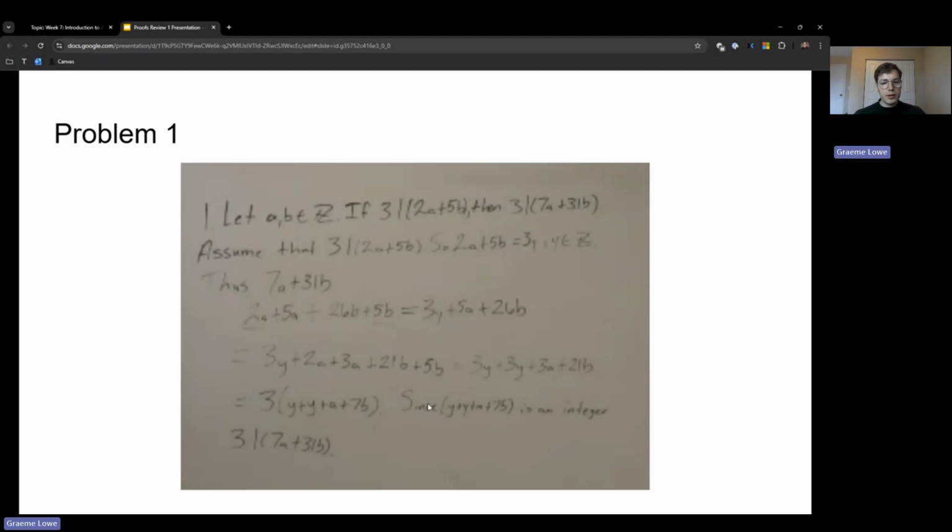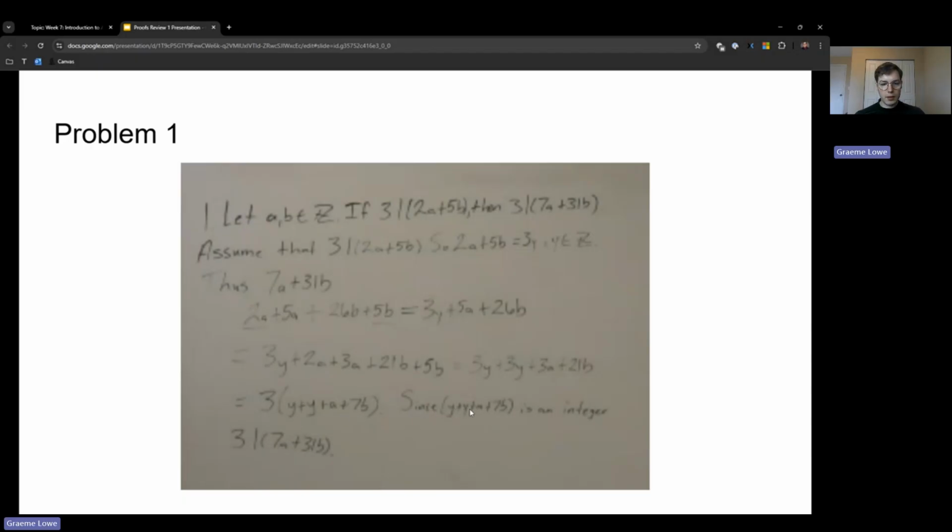And then the cool part here is that since we assumed that y is an integer, and at the very beginning we let a and b both be integers, due to the properties of integers, we can know that all of these added together is also an integer.